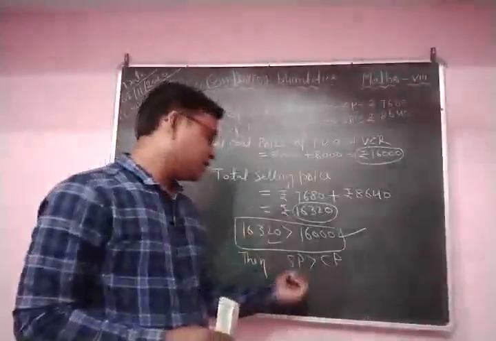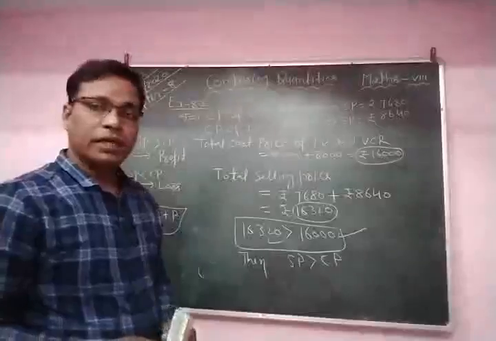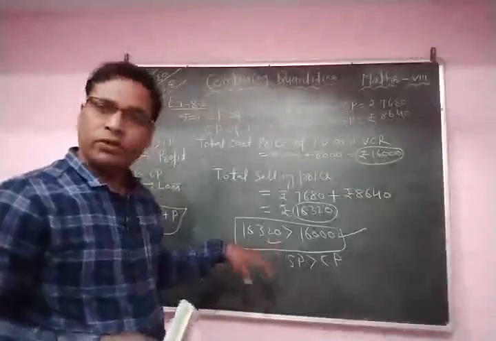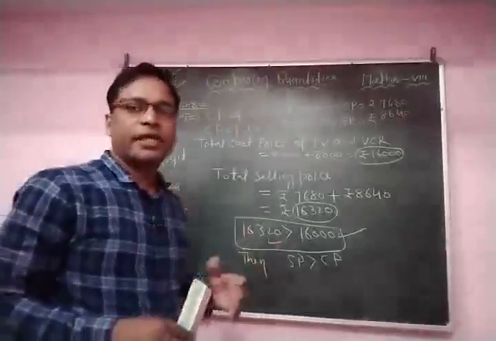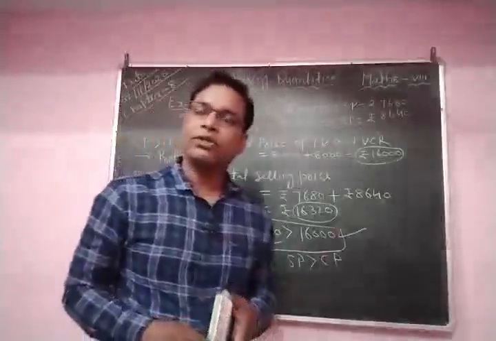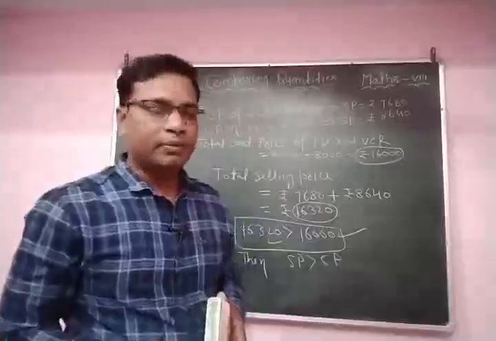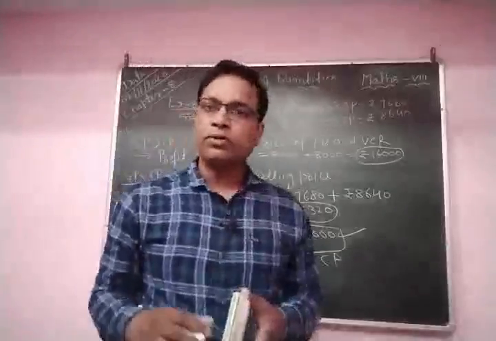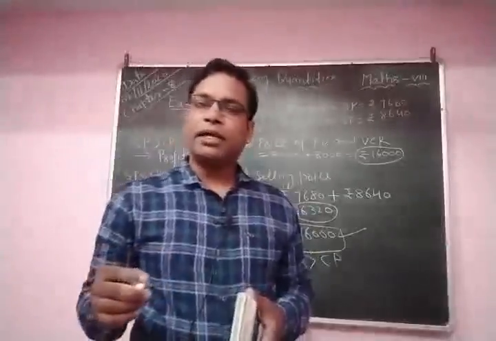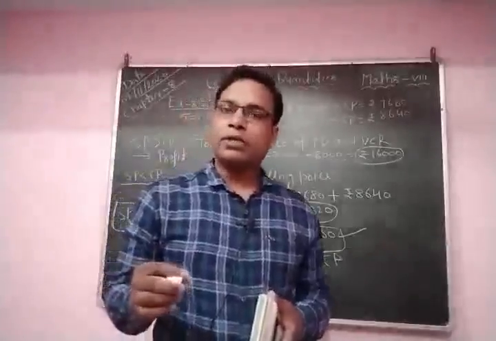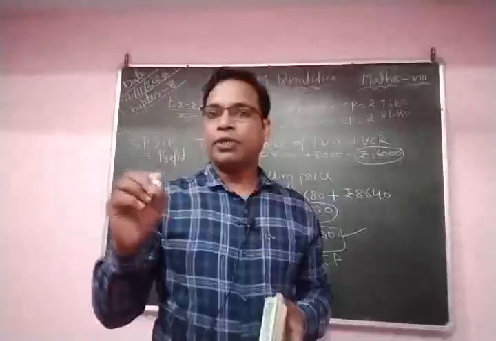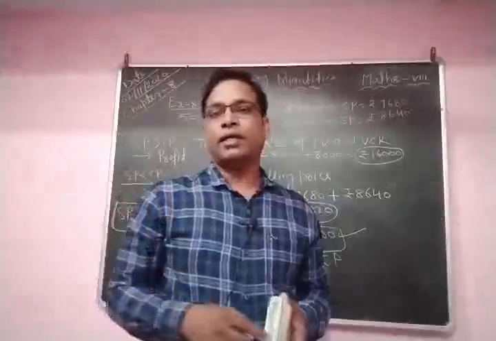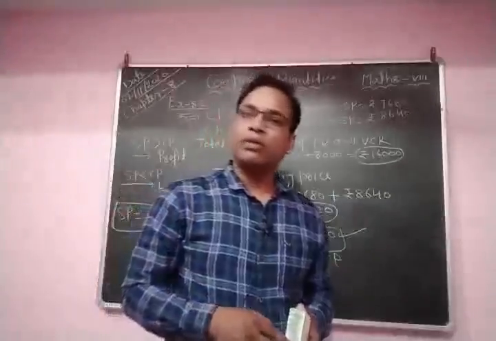So you can say this is a profit in the whole transaction, or you can say gain in the whole transaction. After this, you need to find the profit percentage. Profit is equal to SP minus CP, and profit percentage is equal to profit by CP into 100. Then you obtain 2% profit in the whole transaction.